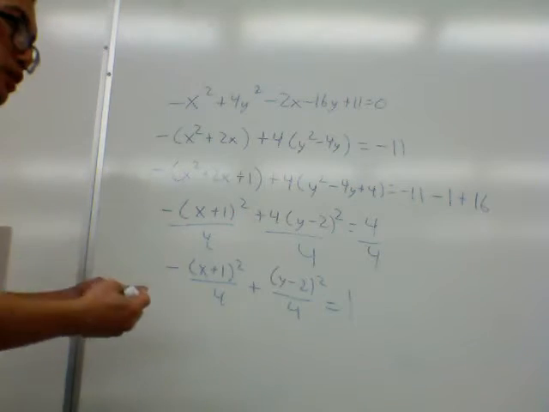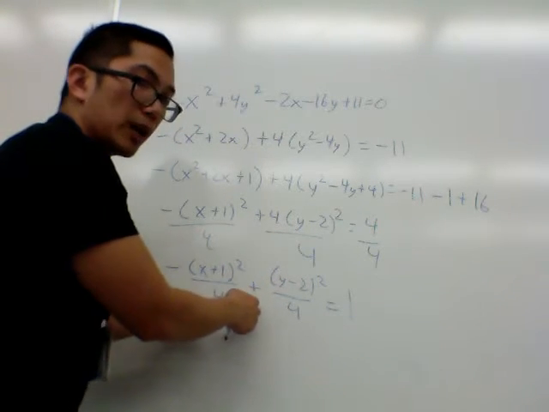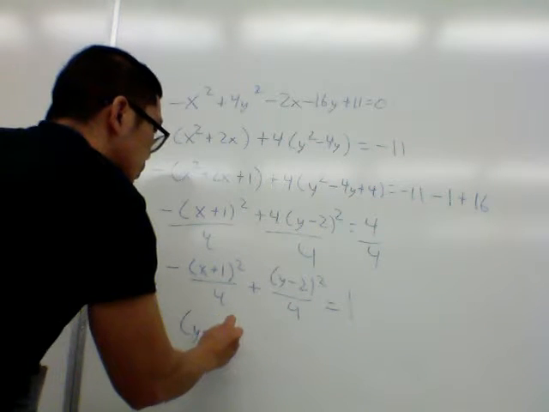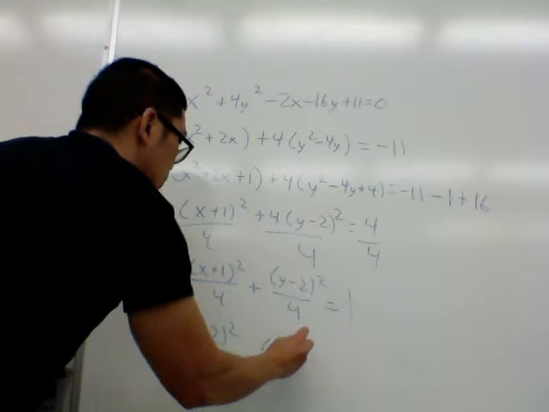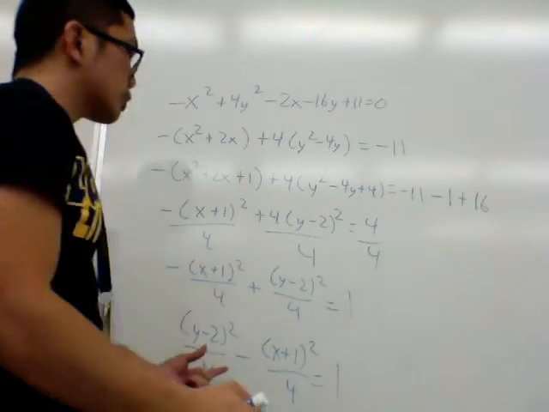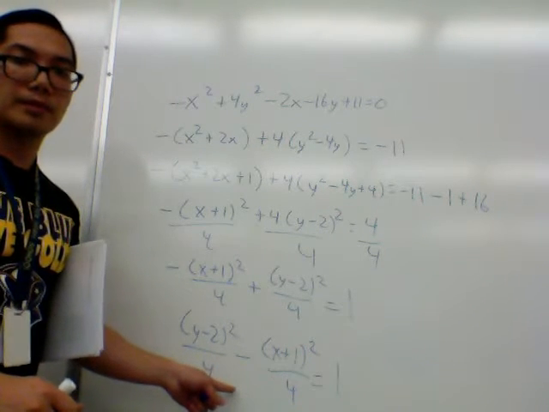So what I would suggest, so that you won't get confused, is to switch these terms around so the subtraction is in the middle. So I would do (y minus 2) squared over 4 minus (x plus 1) squared over 4 is equal to 1.